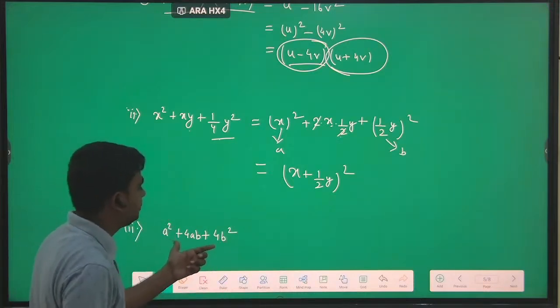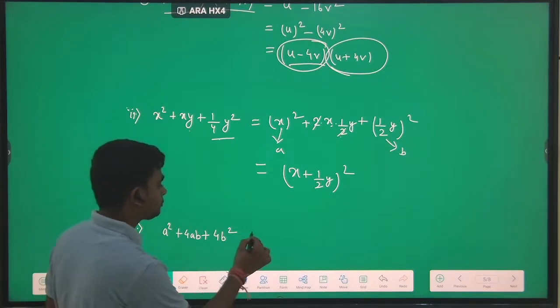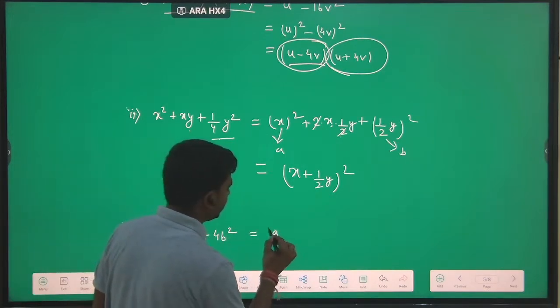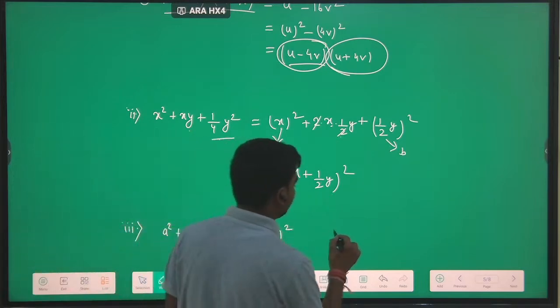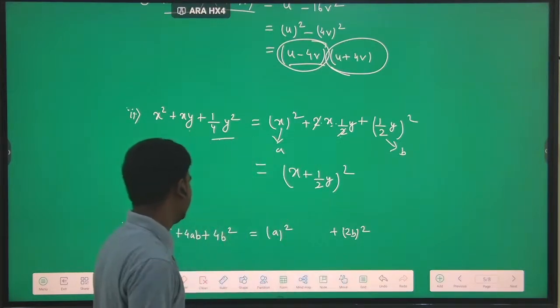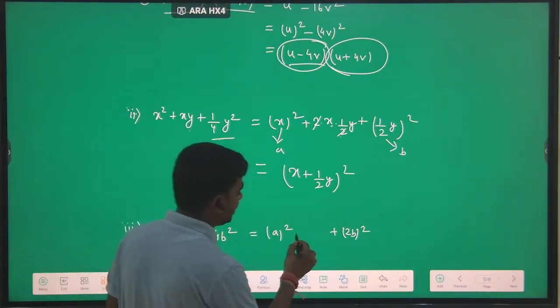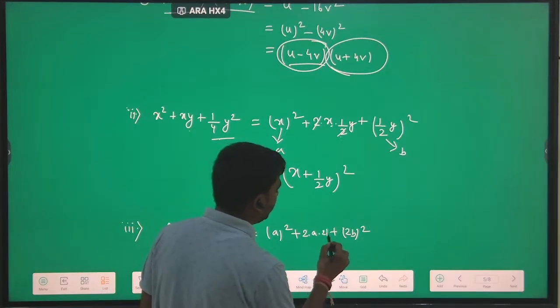So it can be expressed in the form of a plus b whole square. How? This a square can be written as a to the power 2. Similarly, 4b square can be written as 2b to the power 2, and plus 4ab can be written as plus 2 into a into 2b.